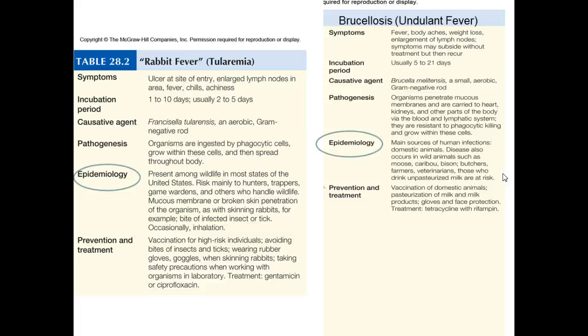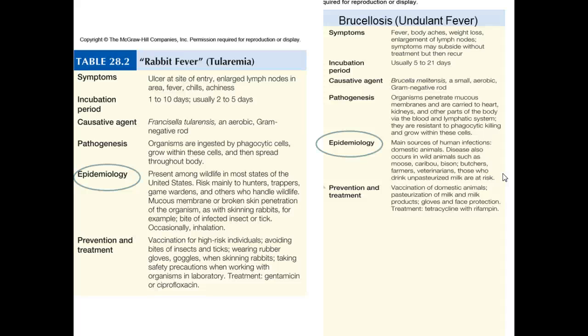So the organism penetrates the mucous membranes and can be carried to the heart, kidneys, and other parts of the body via the bloodstream and lymphatic system. They are resistant to phagocytic killing and grow within these cells. So the bad news is that it can go system-wide for us, so it can be a quite serious infection.